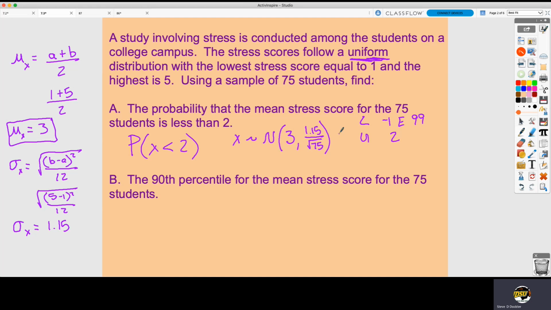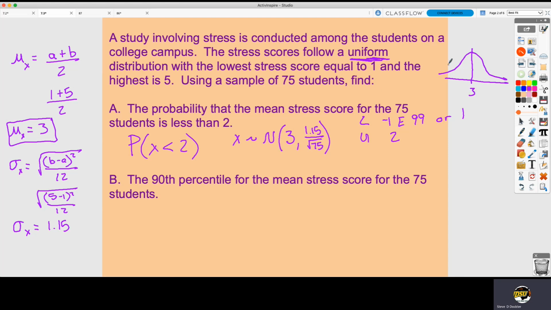All right, interesting thing with this one: whether you type in this, like I have up here on the board, or you type in a 1, you get the exact same answer. The reason is that if we were to look at the bell curve here, our average we found was a 3, right?